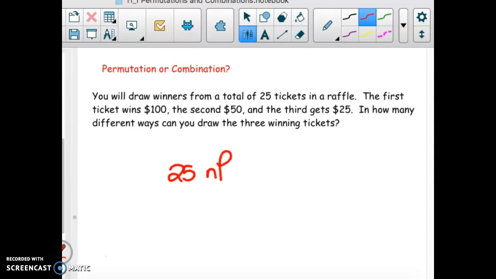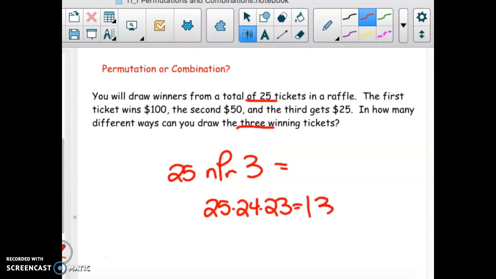And order matters, nPr, and we want 3 winning tickets, all right? You could also do that 25 times 24 times 23 ways. You get the same thing either way.